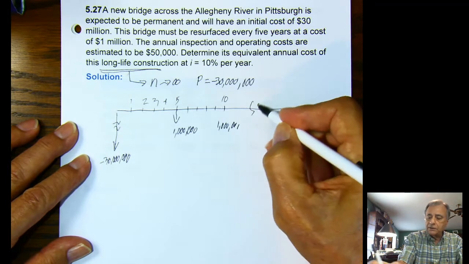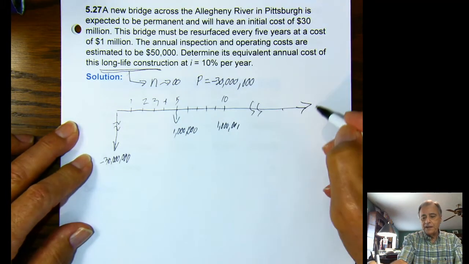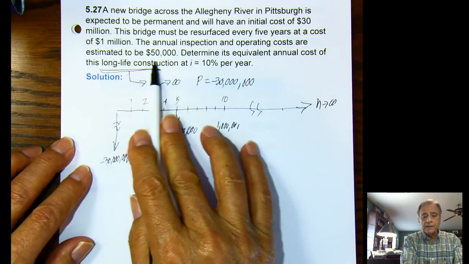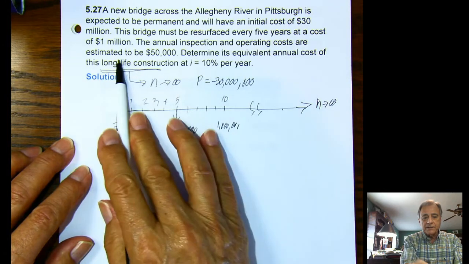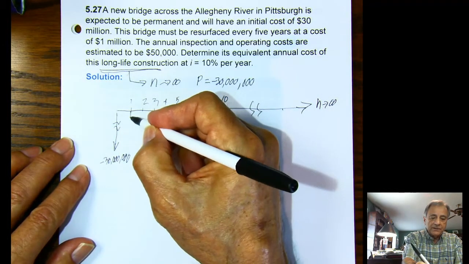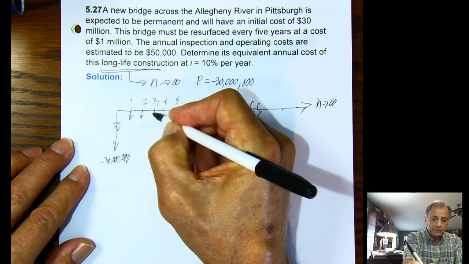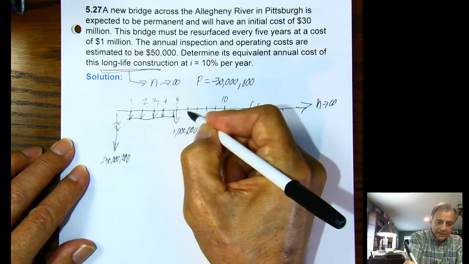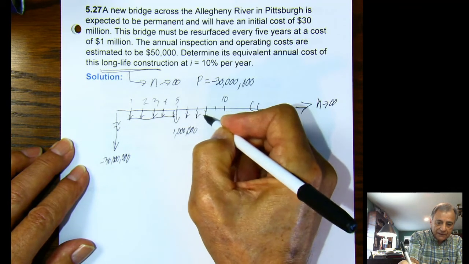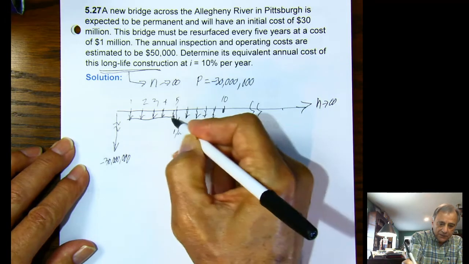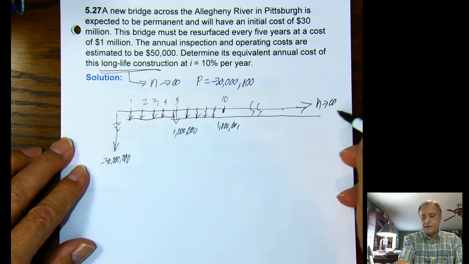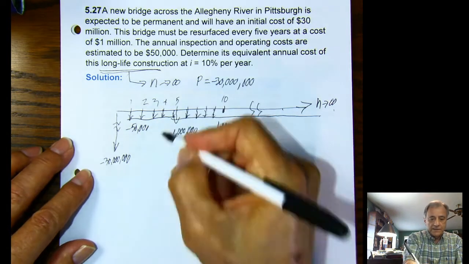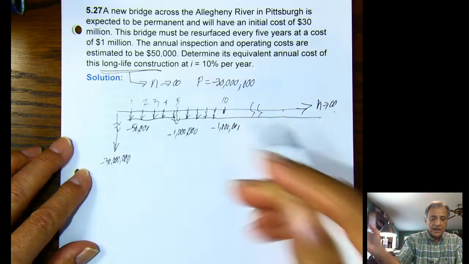And so on, all the way out as n approaches infinity, okay? And then you have operating and inspection costs, those kind of things, of $50,000 a year every year. So that continues on like that. And it goes on as n approaches infinity. That's 50,000 minus. That is a uniform series, and these are all negative. So everything is negative.